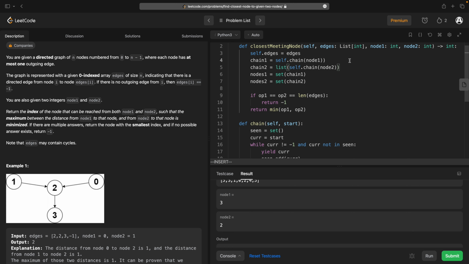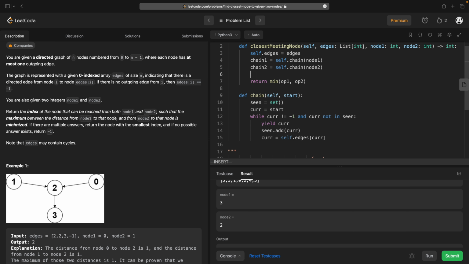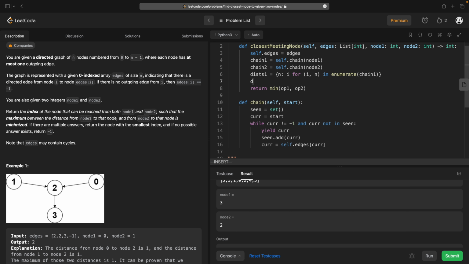So what I actually want to do is something more like this. Dist1 is n: i for i, n in enumerate chain 1. Dist2 is equal to n: i for i, n in enumerate chain 2.